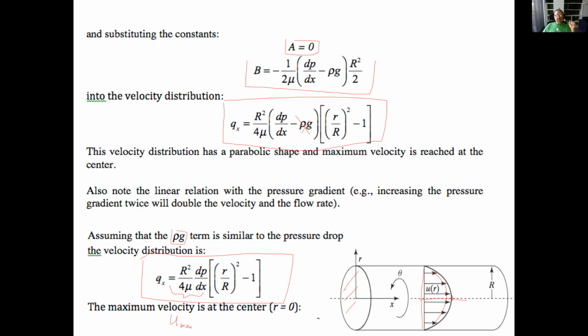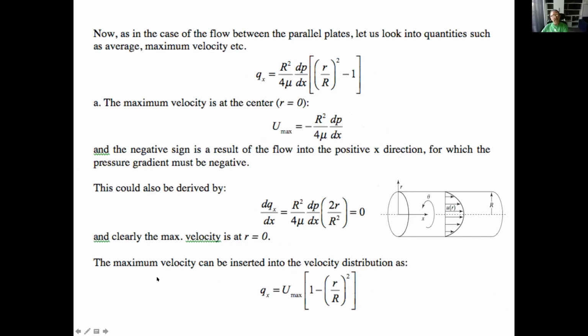The relation is linear, very much like we had in the flow between two parallel plates. You increase the pressure by 2, the flow rate will increase by the same factor, which means the relation is linear, which is very, very important. It's not easily predictable. All right, let's move on.